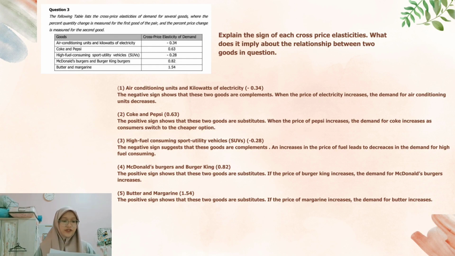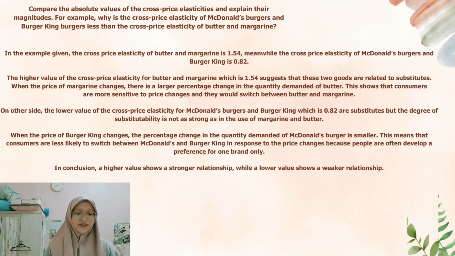So the second question is about the comparison between McDonald's burgers and Burger King, and butter and margarine. In the example given, the cross price elasticity of butter and margarine is 1.54, while the cross price elasticity of McDonald's burgers and Burger King is 0.82.